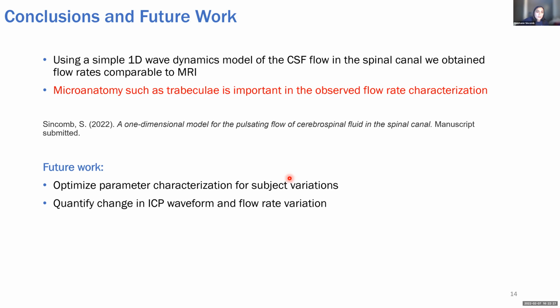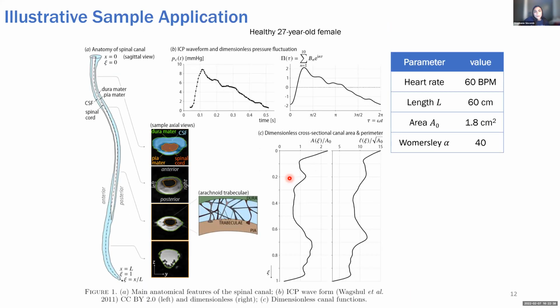The other thing we want to do is, because what I did, as I mentioned, let me just go back. We used a healthy characteristic waveform for the ICP, but what we're trying to do down the line would be the inverse problem, where we take the flow rate along the canal. This is of course non-invasive, right? MRI is non-invasive.